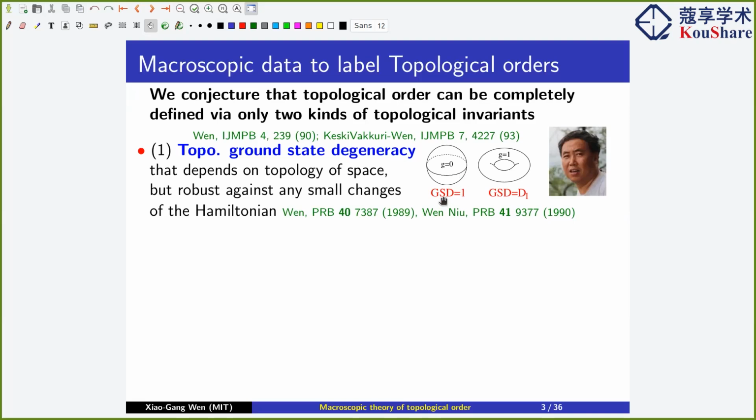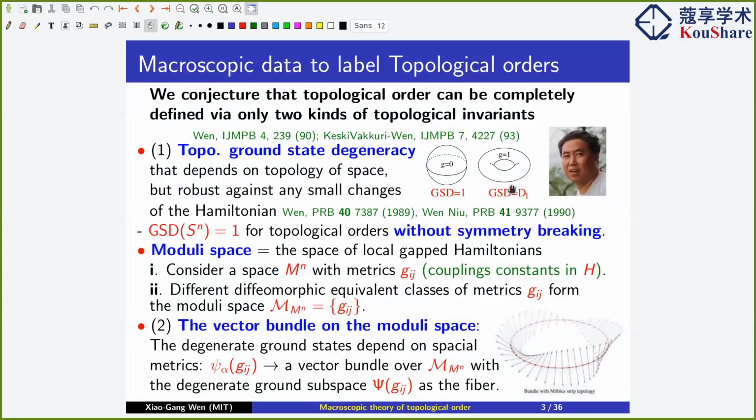But certainly, this sequence of integers doesn't have enough information. One needs more data, more information, beyond just the ground state degeneracy. So how do we extract more information? This more information is obtained by considering the so-called moduli space.